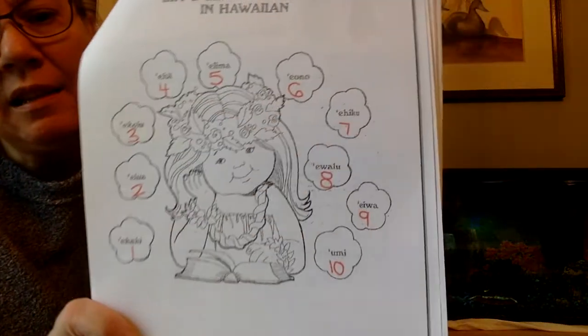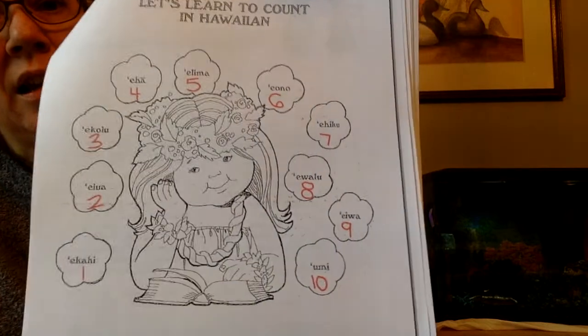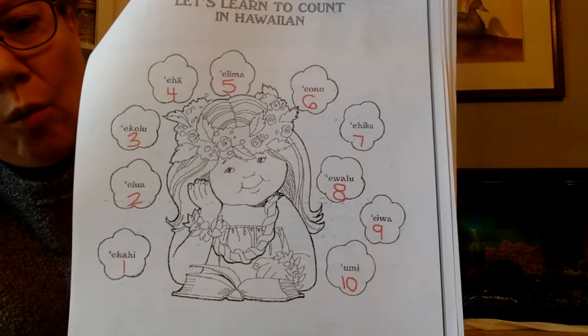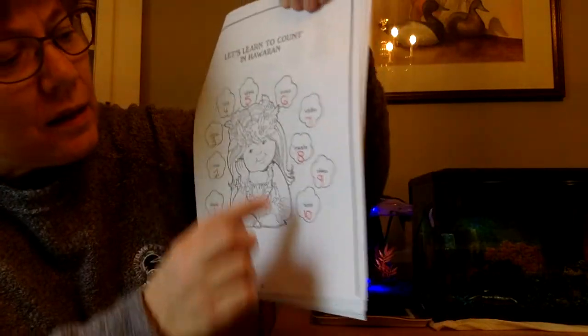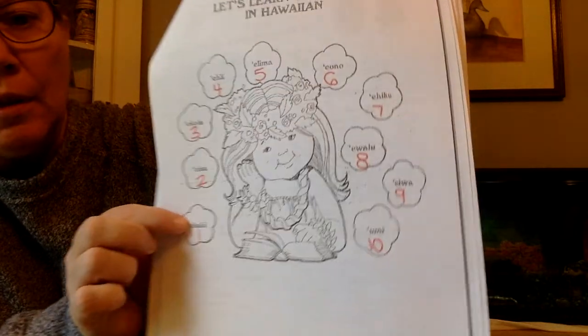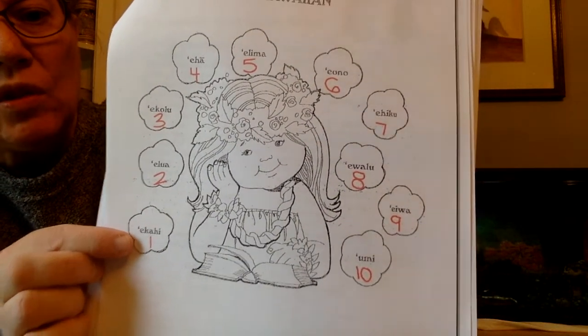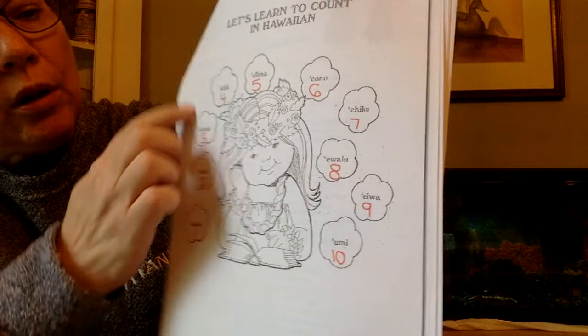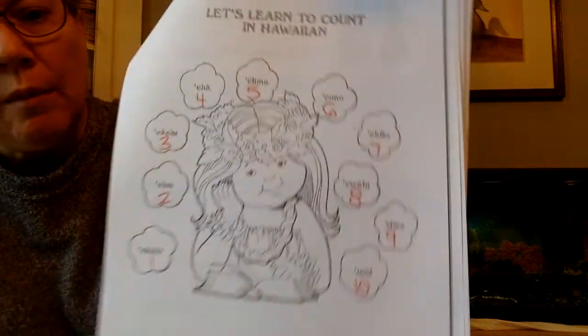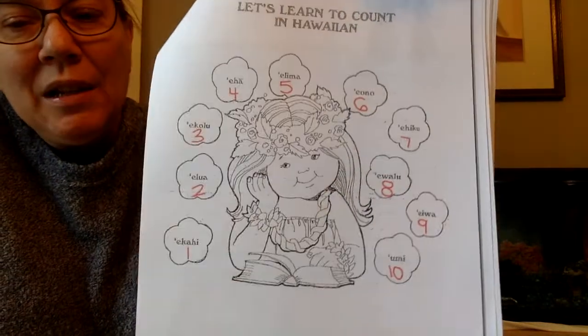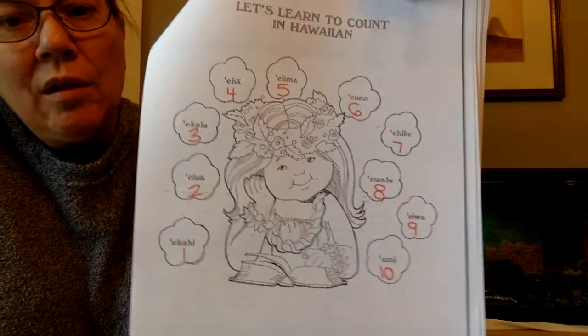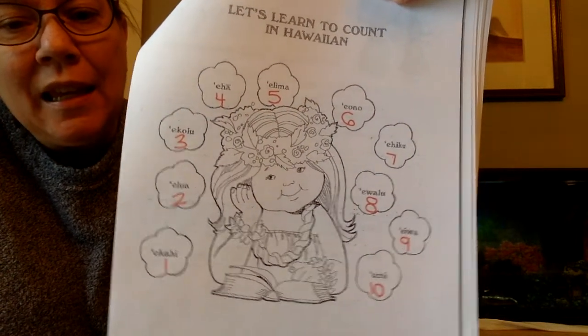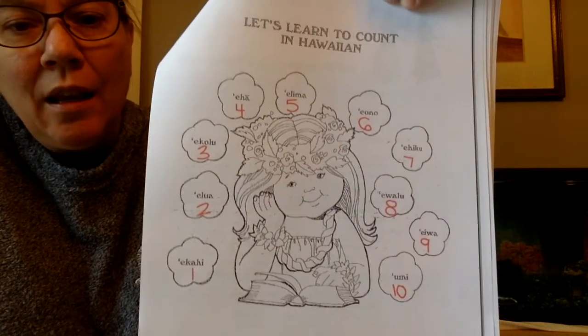Page 9 says let's learn to count in Hawaiian. And here we have the number under the Hawaiian word. So I'm going to start with number 1, and we're going to go all the way around to number 10. Ready? I'm going to say it, and then we'll say it together. Number 1 is a kahi, a kahi.